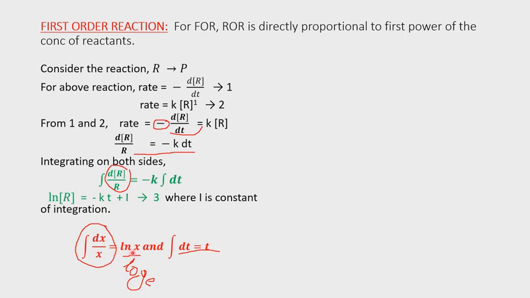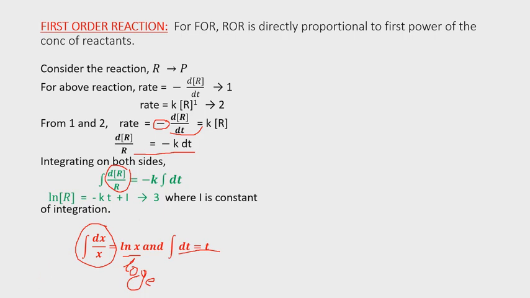Don't get confused, just be comfortable here. So equal to minus k, where k is the constant, and integral dt equal to t. I have substituted here, plus I, where I is the constant of integration. You will study this in your mathematics. Already we have studied this in the case of the zero order reaction.